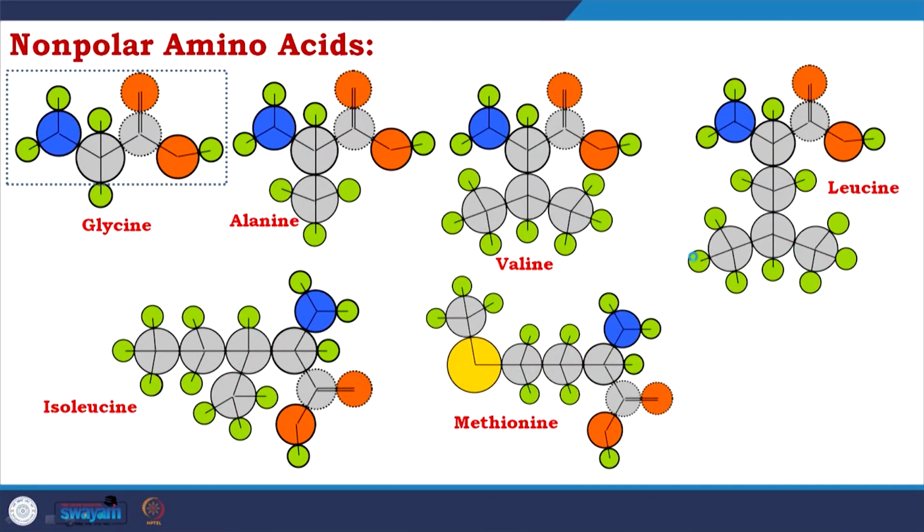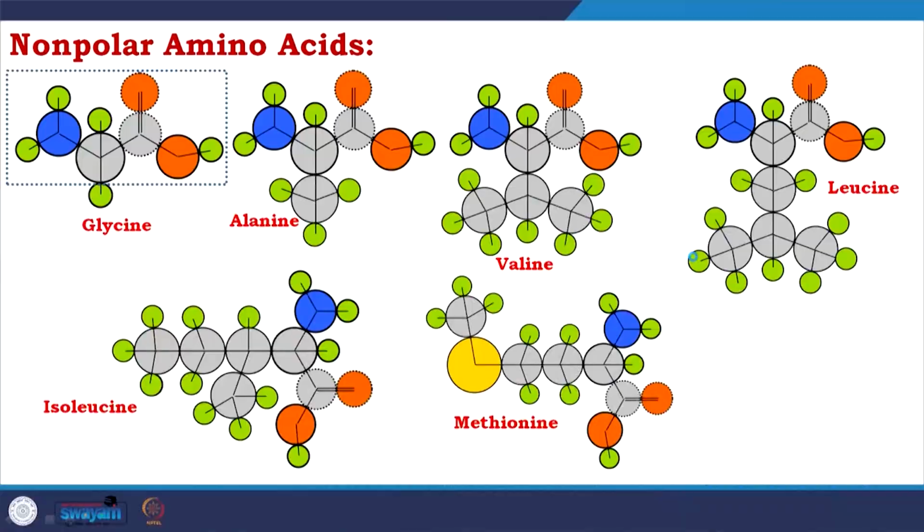Also, to help you, I tried to highlight the portion which is common to each and every amino acid. That would make your conception even clearer, how they differentiate. I could have identified only the group where they differentiate, but I took a reverse approach. I highlighted the common group.